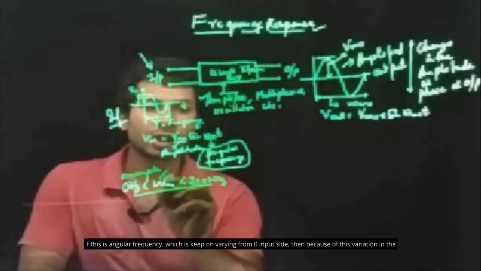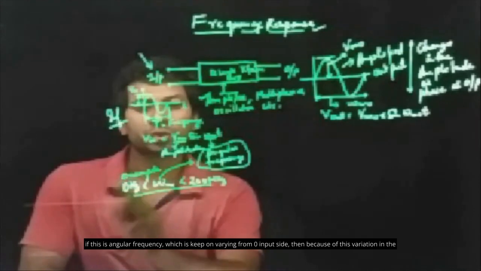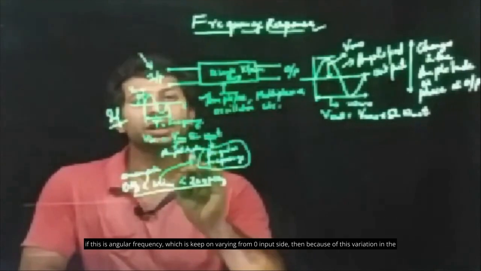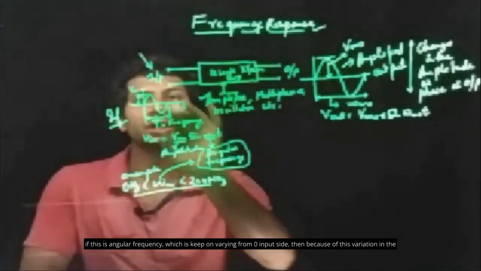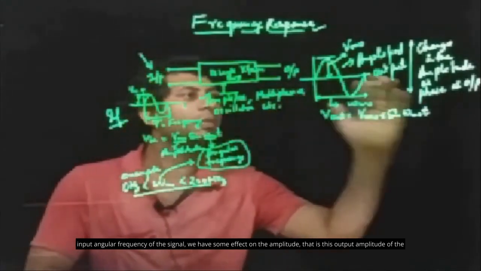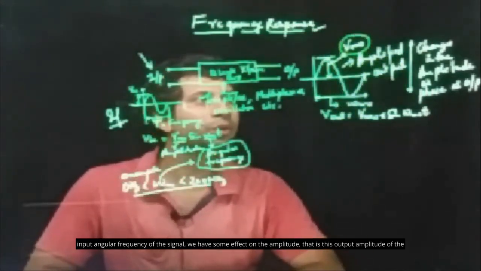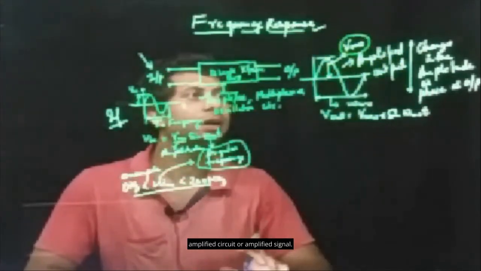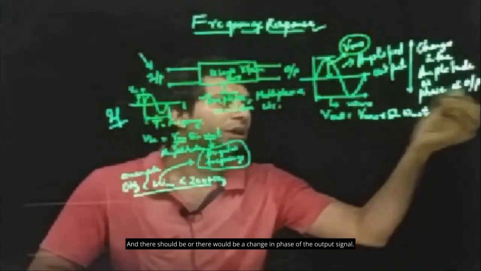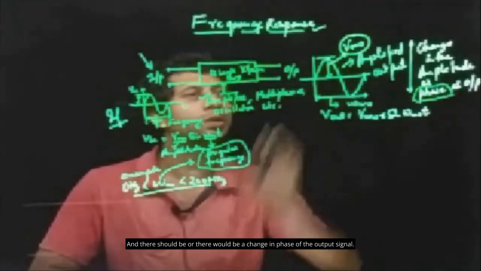If this angular frequency keeps on varying from 0 hertz to 200 megahertz at the input side, then because of this variation we have some effect on the amplitude of the output of the amplified circuit, and there would be a change in phase of the output signal.